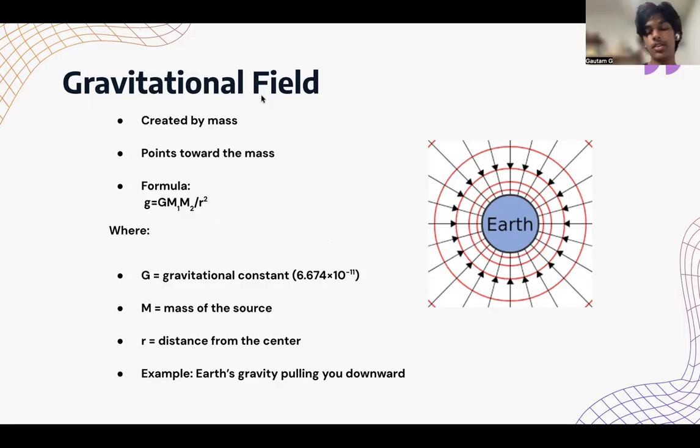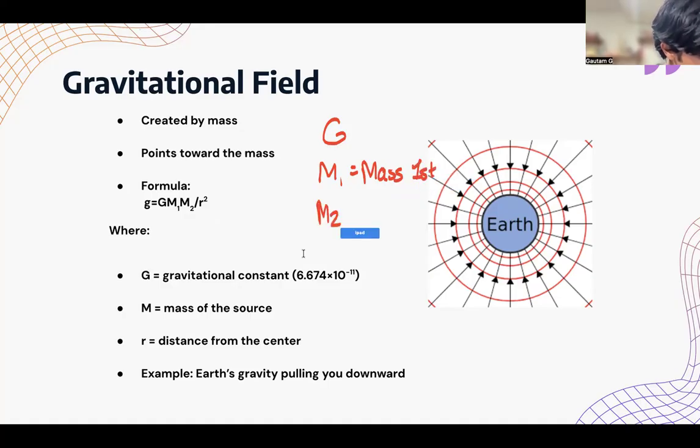Gavin, do you think you could figure out, no, G is a different term. M sub one equals the mass of the first object, and M2 just equals the mass of the second object, right?